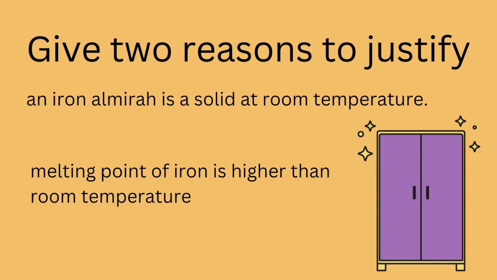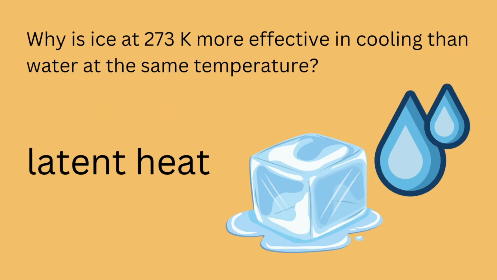So that is why it remains as solid. Iron has a very high melting point, I think you know that. At that melting point, it wouldn't even look the color that you normally see it, right? It would be so red. Very high melting point. So that is why they stay as solid at room temperature. Moving on to the next question.